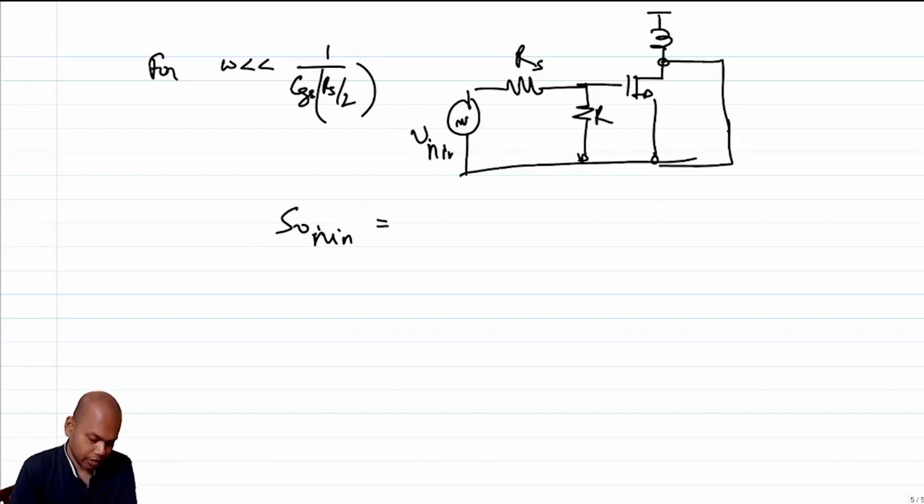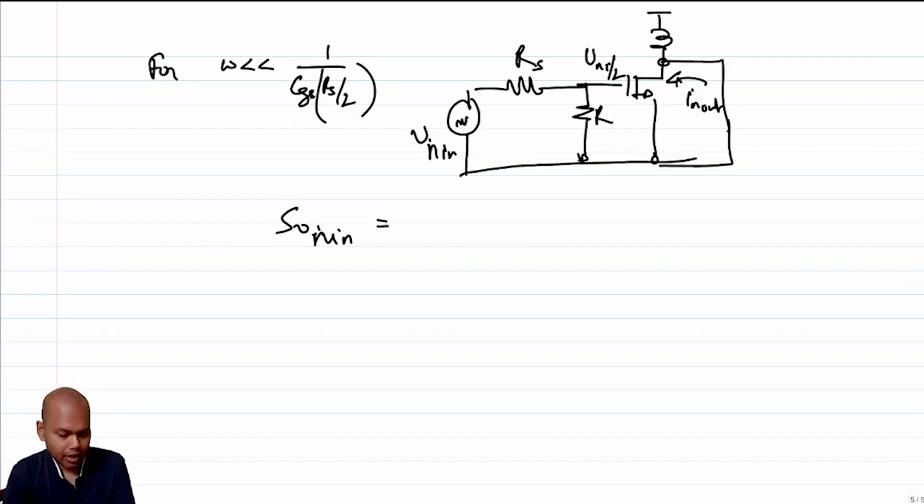So here you get V N in by 2, and if I am interested in the short circuit current, this is I N out. So in this case, your I N out will be Vn in over 2 times Gm, right? So essentially, your spectral density becomes 4 kT Rs over 4, because we are squaring everything, times Gm squared, right? So this is noise due to the input only.